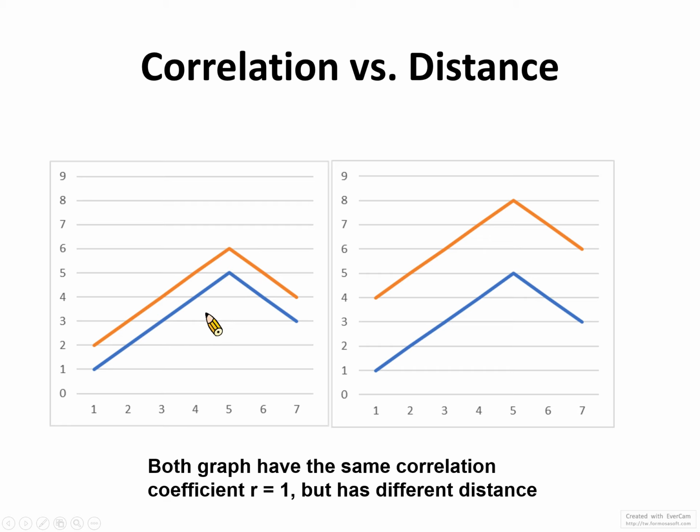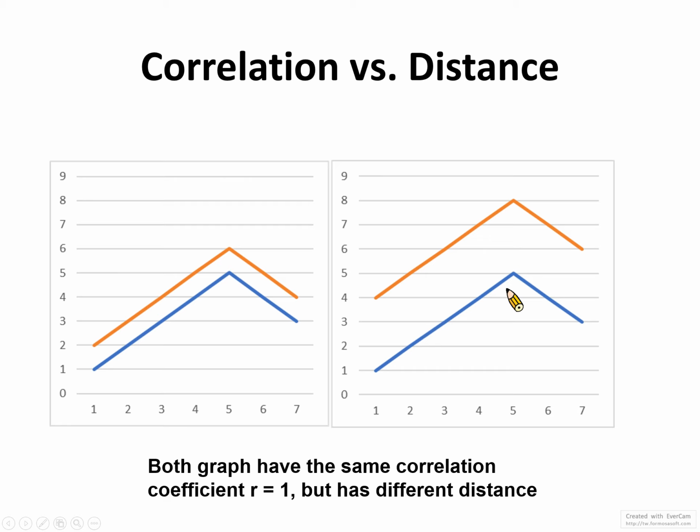However, if you look at the patterns, you will see that the orange patterns and blue patterns are very similar, because if you apply the Pearson correlation to these two data, you will find a perfect correlation coefficient between the orange data and blue data, no matter in this case or in this case.